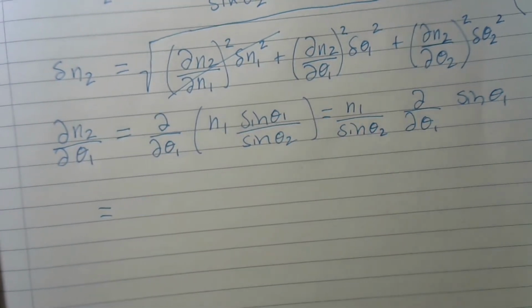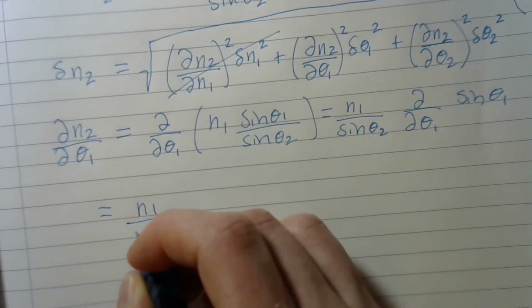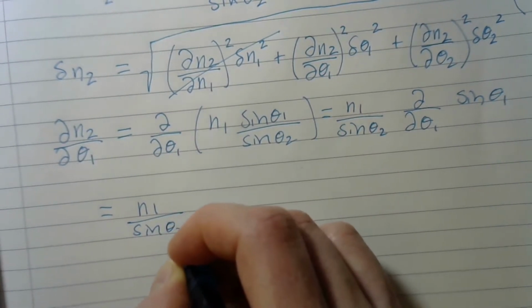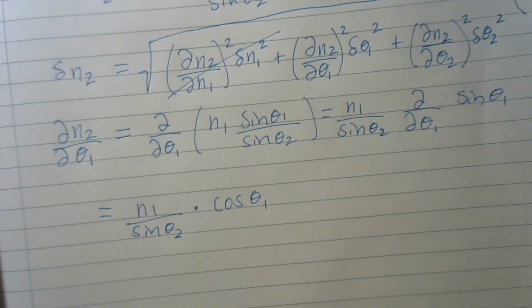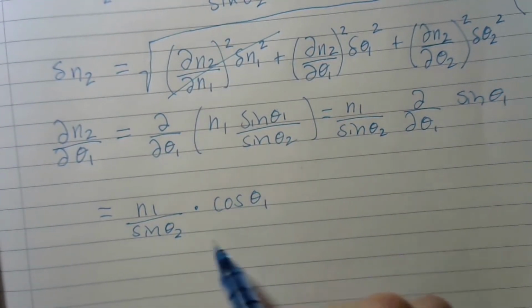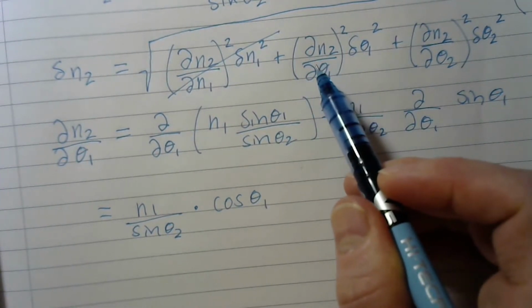So that gives me a final result here of N1 divided by sine of theta 2 times cosine of theta 1. So this expression is what goes into these brackets up here.